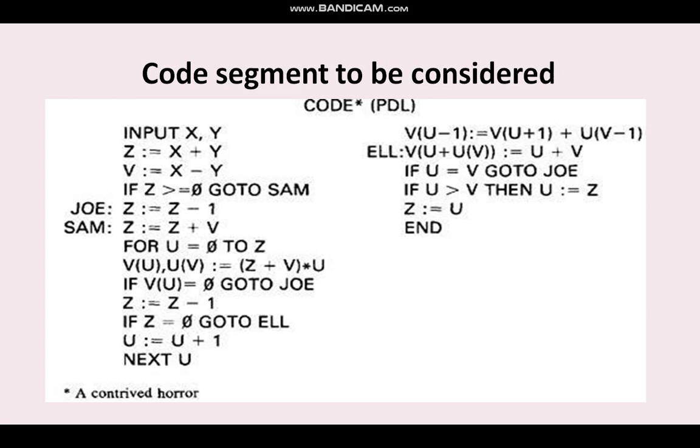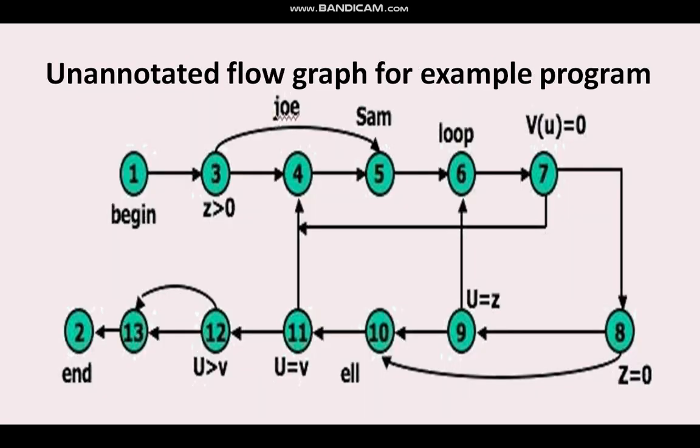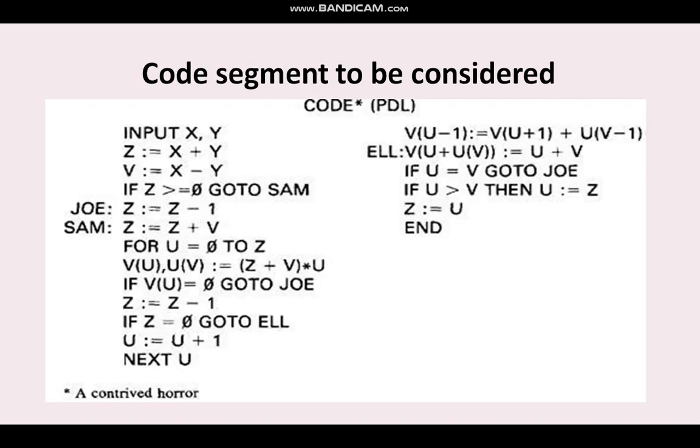This flow can be represented in the form of annotations: define, use, kill, and use for computation or use for predicates. These annotations or links can be represented for each separate variable. Now we are going to see how it can be represented.